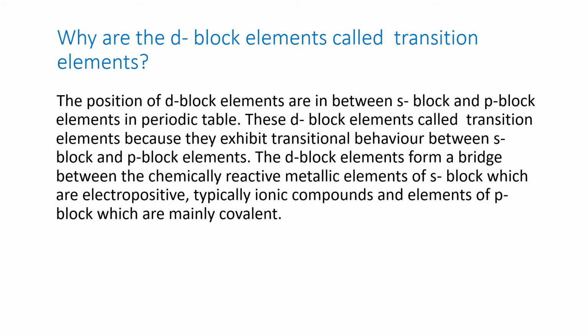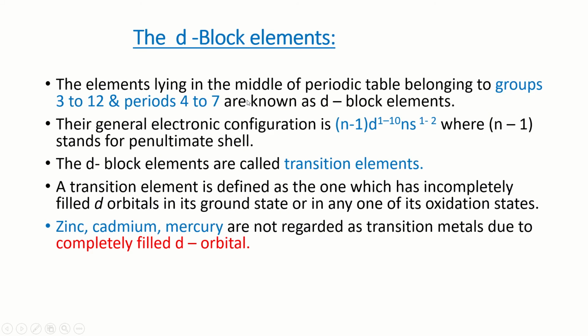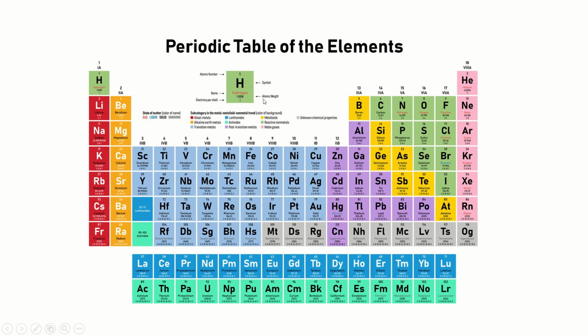Now, why are d block elements called transition elements? The position of d block elements is in between s and p block elements. The s block elements are electropositive and form ionic compounds, whereas the p block elements show metallic character, metalloid, non-metal and metallic properties, and here the non-metallic properties are present.